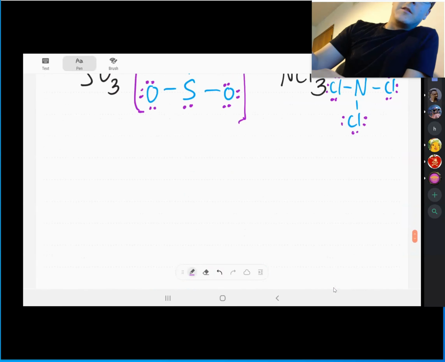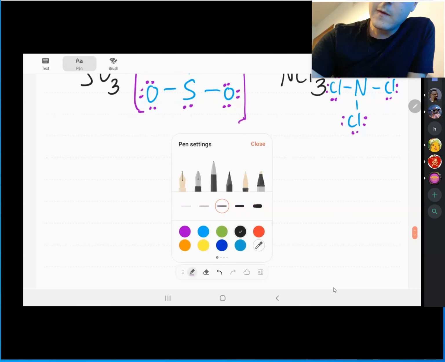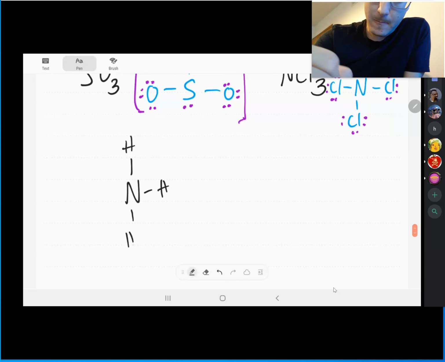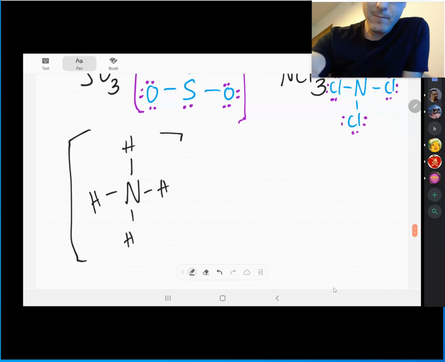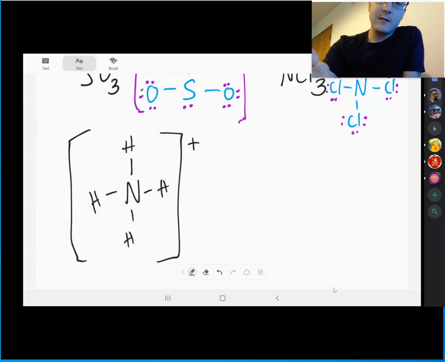Okay, so we saw that NH4 ammonium looked like this. Cool. So we have ways of talking about molecules like this.